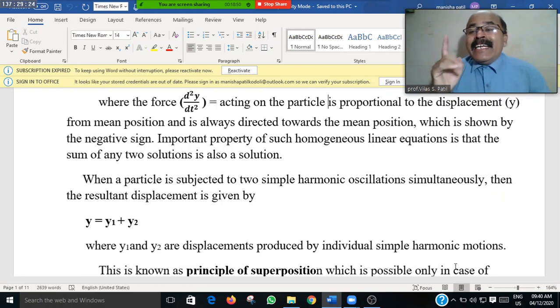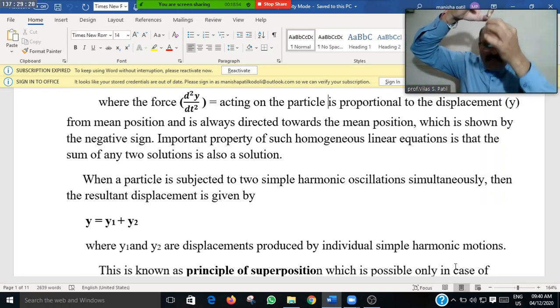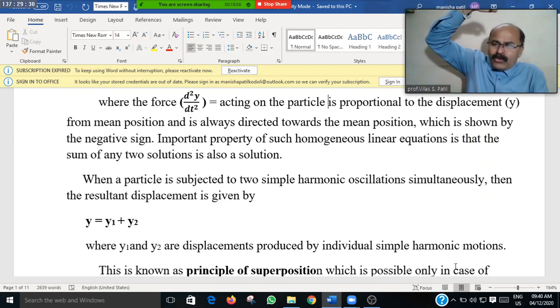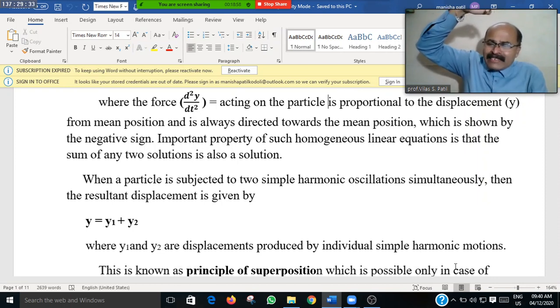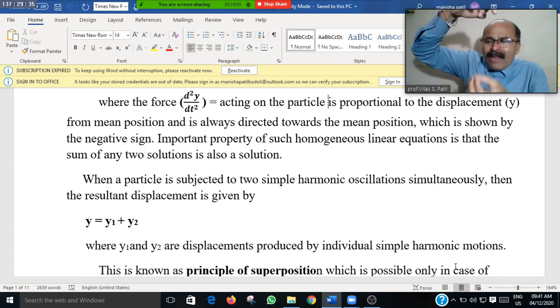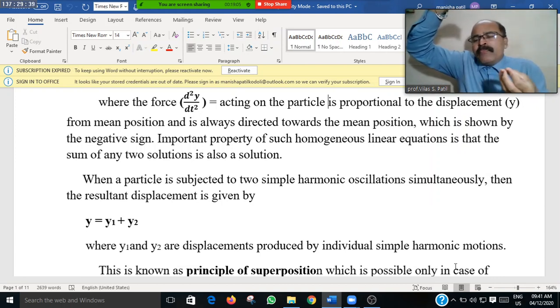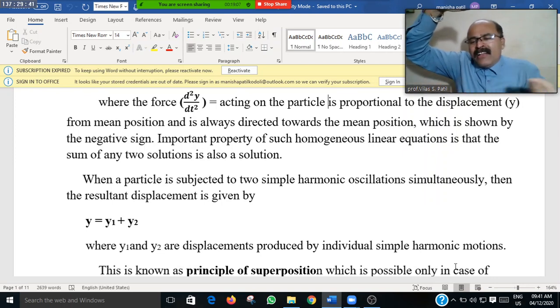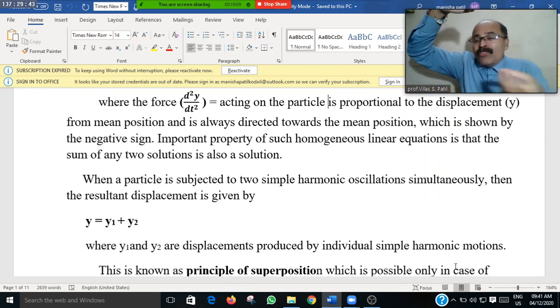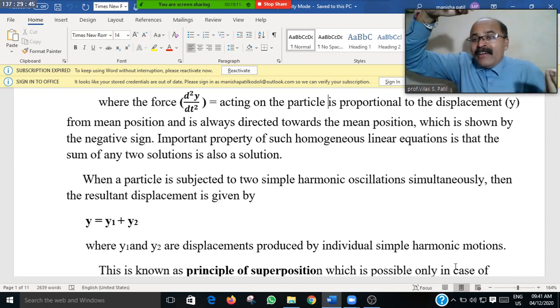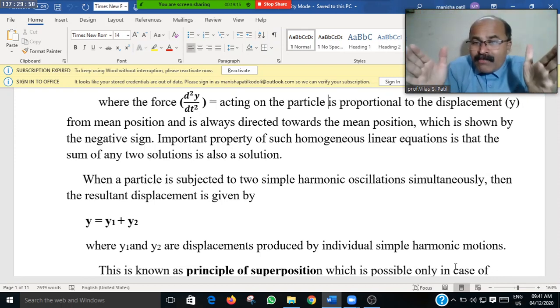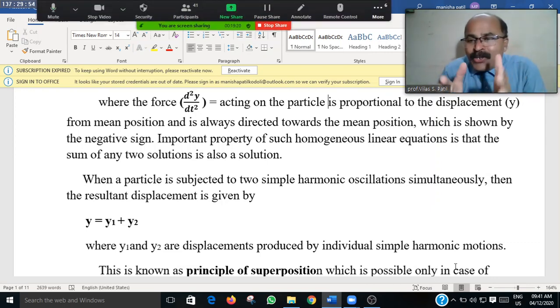It means if the simple pendulum is tied to a very weightless string, and we apply a force and release it, the simple pendulum will oscillate about the mean position on both sides, but the amplitude of the oscillatory motion will be decreasing in each oscillation.